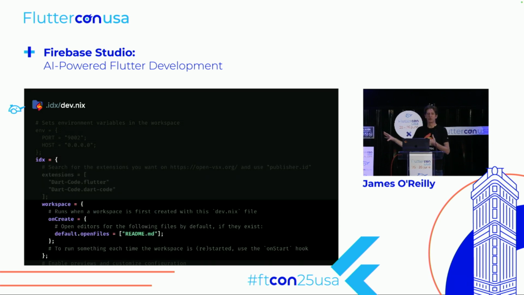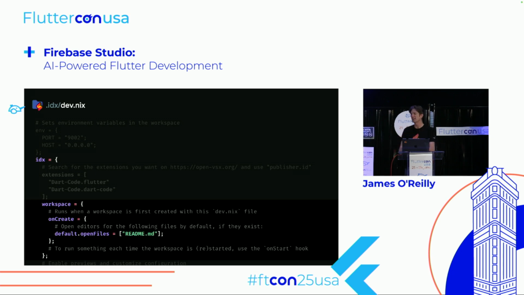Now we have lifecycle hooks. These lifecycle hooks are specifically about the IDE, the IDX workspace that you're configuring. Here I have the on create lifecycle hook. This is a great lifecycle hook if you wanted to, say, seed a database with mock data for the developer to start with. In my particular example here, I'm just configuring it to launch the README file in the editor.